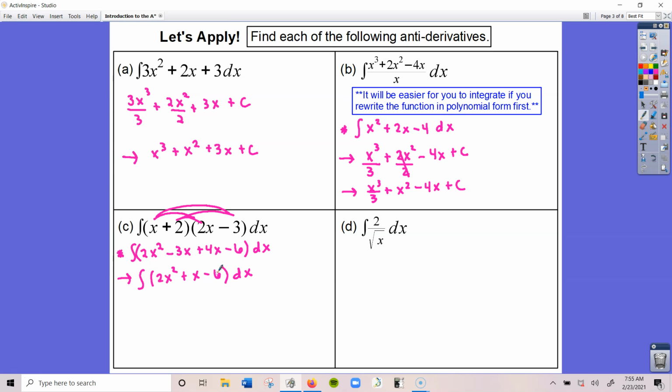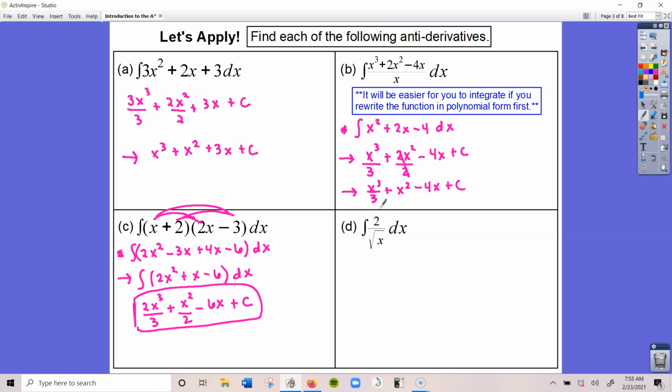And now we're ready to integrate. Remember, we're adding 1 to the exponent, divide by the new exponent. So this would be 2x to the third over 3 plus x squared over 2 minus 6x, and don't forget the plus c. And this would be my final answer, since there's nothing here that we can actually simplify.